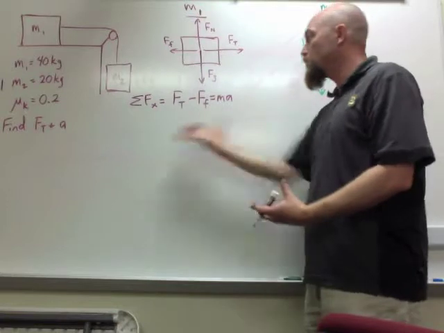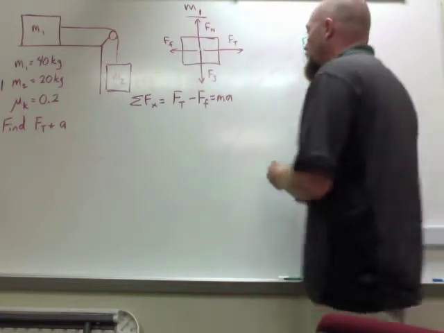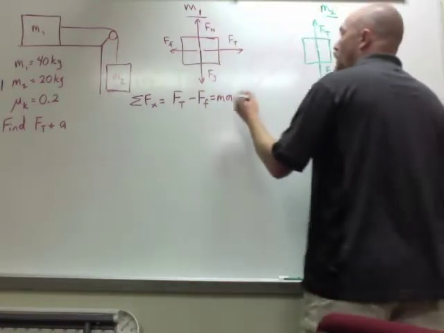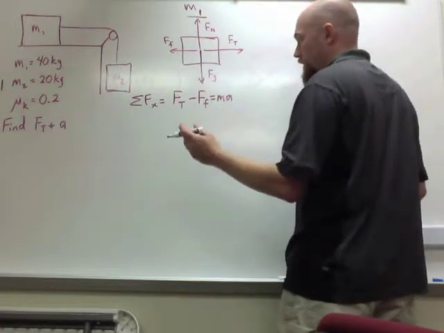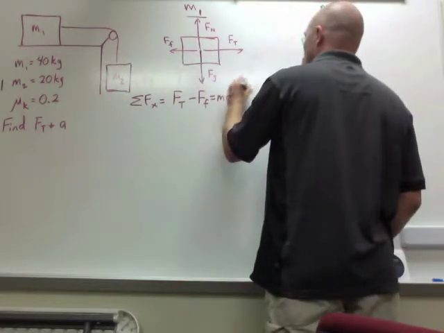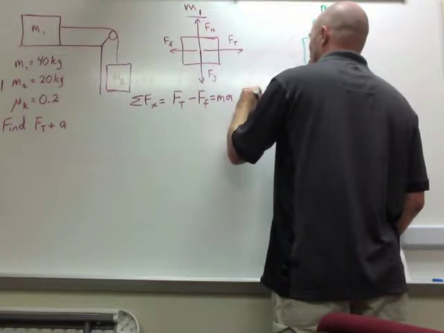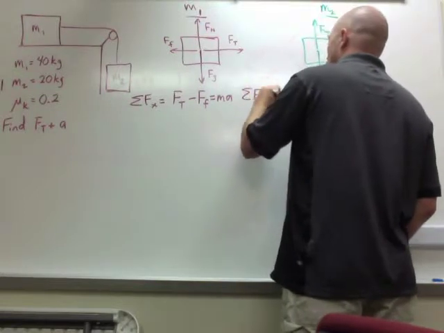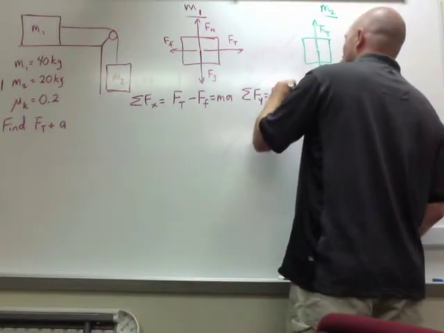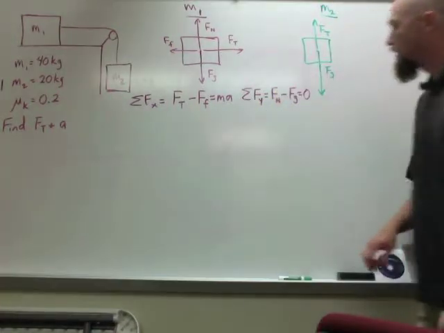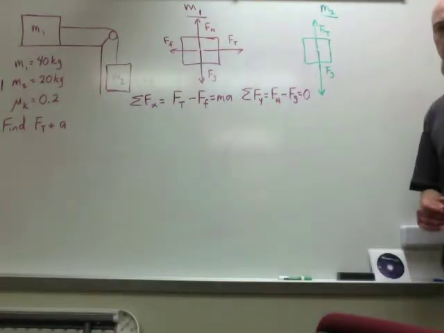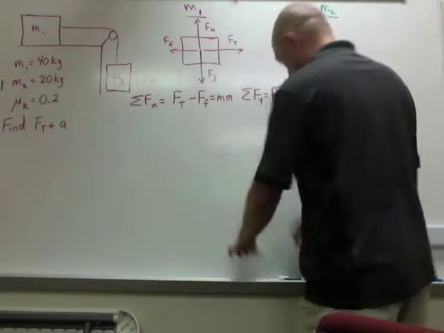So I have my magenta color here, okay? And then for my y, the sum of the forces in the y is going to be Fn minus Fg, and again, as always, the stuff in the y is going to be equal to 0, okay? So again, that goes with M1.